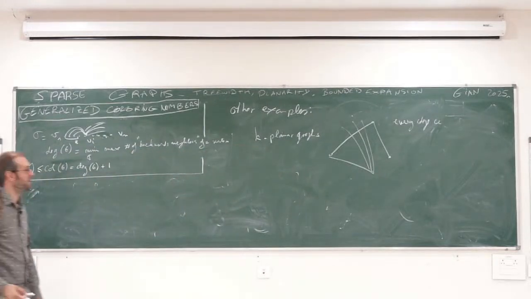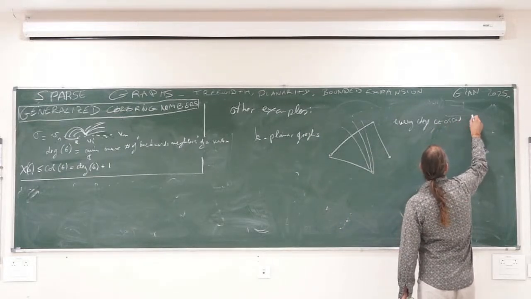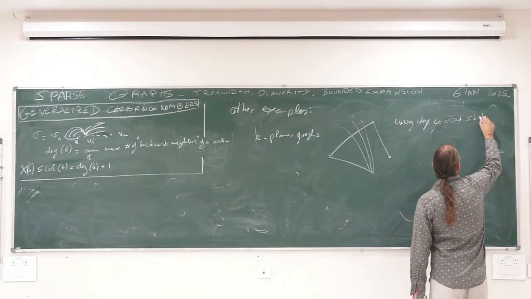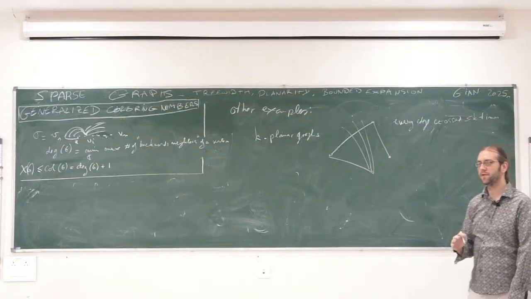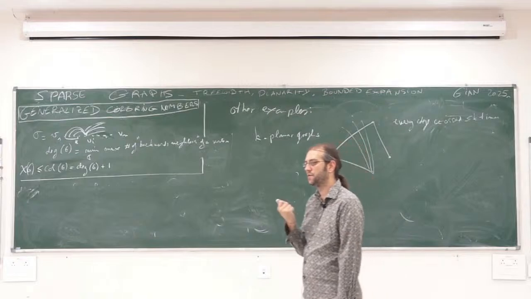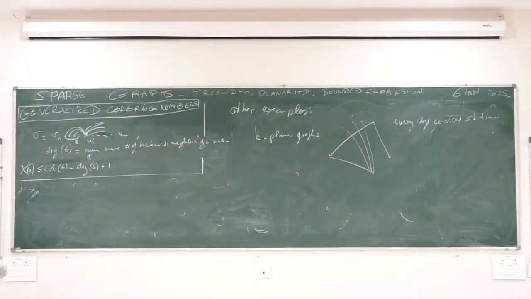Okay, so these are bounded expansion. Every edge is crossed at most k times, or only at most k crossings? No, every edge is crossed at most k times. This is different from the crossing number, which is the smallest number of crossings in a drawing in the plane. This is different.